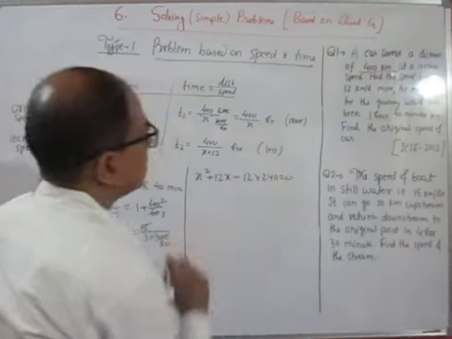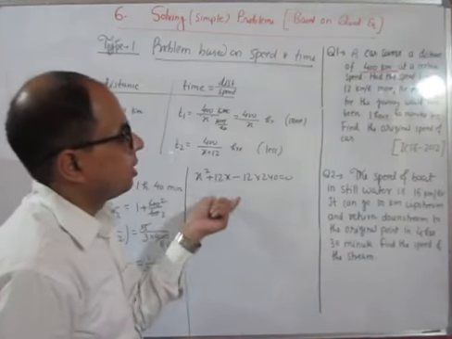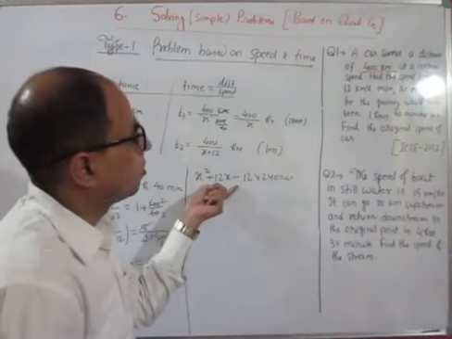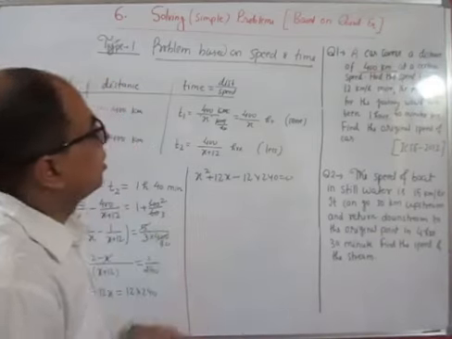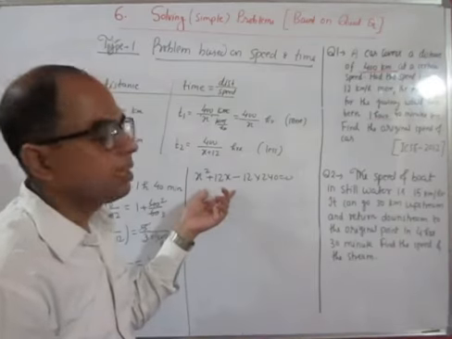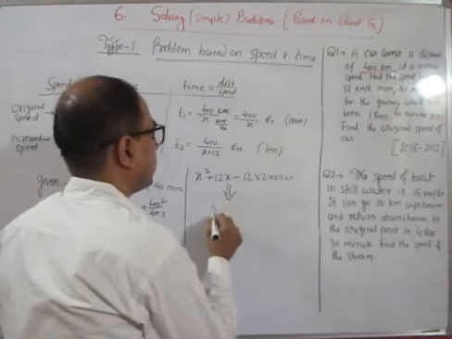This is the required quadratic equation. Now you have to solve this quadratic equation and find the value of x. How to solve the equation, you are doing that already. You got the idea in chapter 5 how to solve the quadratic equation. Now solve this equation and get the value of x.